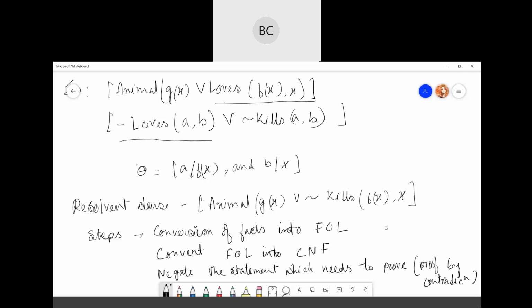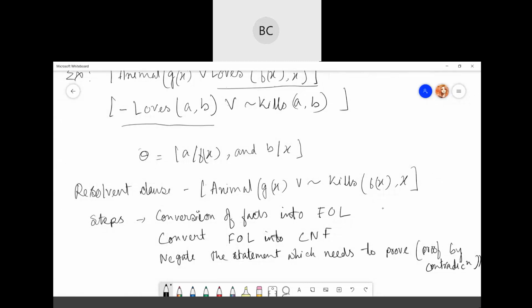And finally, draw your resolution graph, which is your unification. Unification is the main key. Again, for unification, we do substitution.